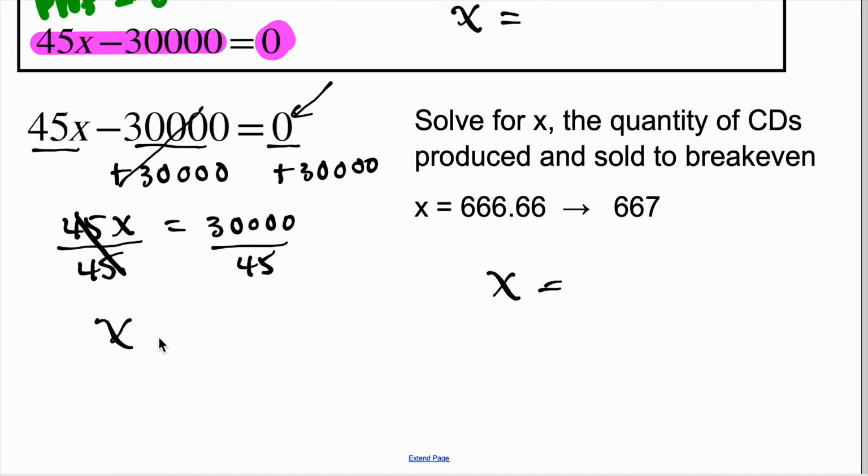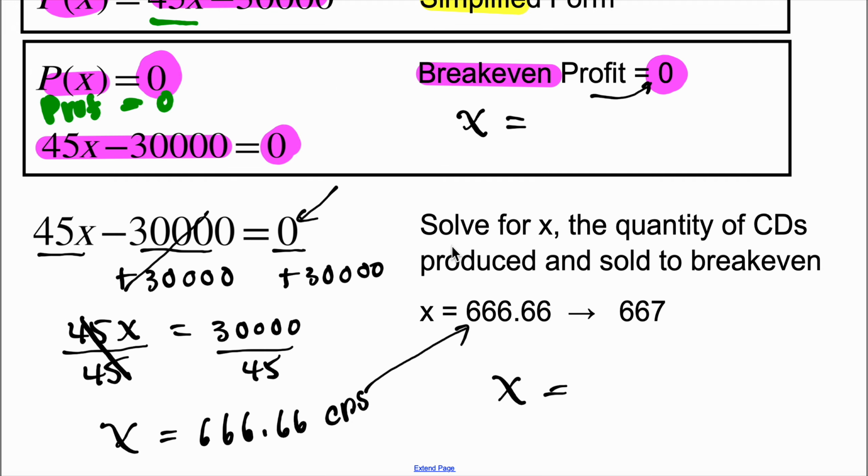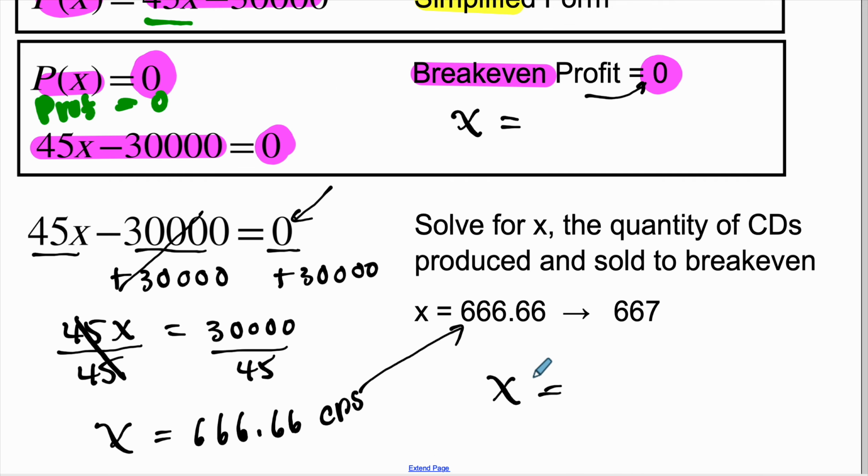And I get x equals 66.66 CDs. Well, I can't produce and sell partial CDs. So in order to figure out the break-even point, in this case, I'm going to round up to the next number of CDs. So I would actually need to produce and sell 67 CDs to break even.